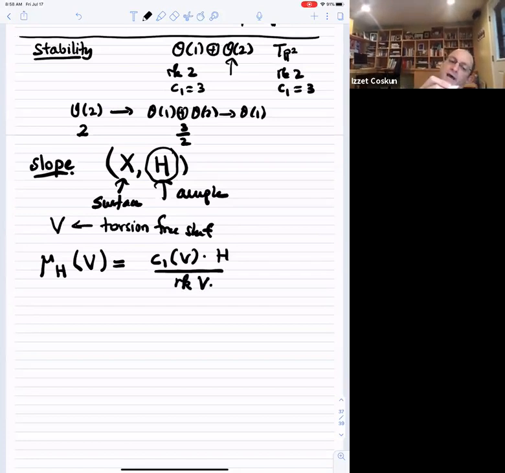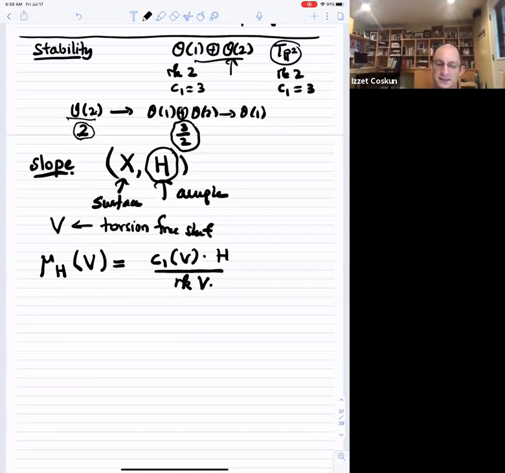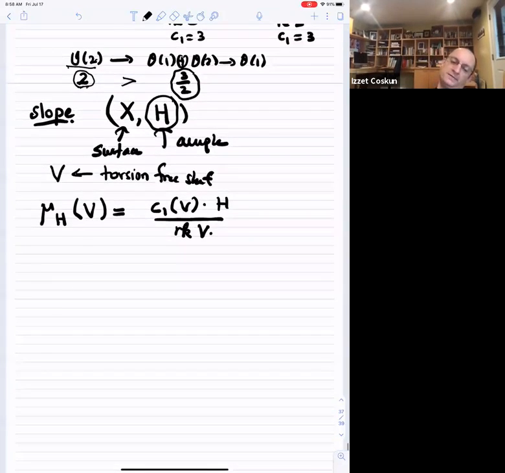Now the first Chern class here was 3, the rank is 2, so the slope is 3/2, and the first Chern class is 2, and the rank is 1, so the slope is 2, right? And what's very special about this bundle as opposed to this bundle is that it has the sub-bundle with a bigger slope, right? 2 is bigger than 3/2, okay? So let's make that into a definition.